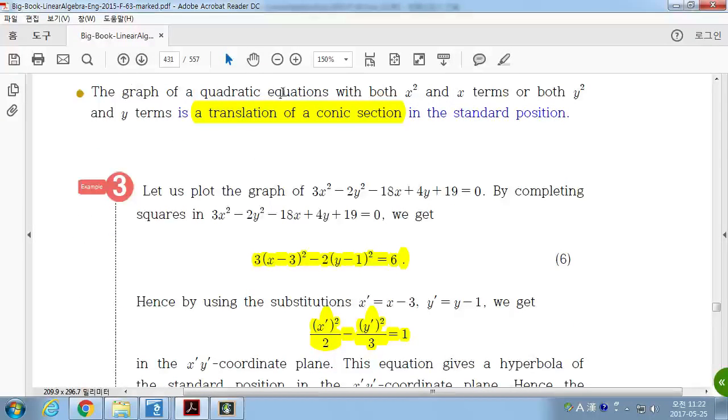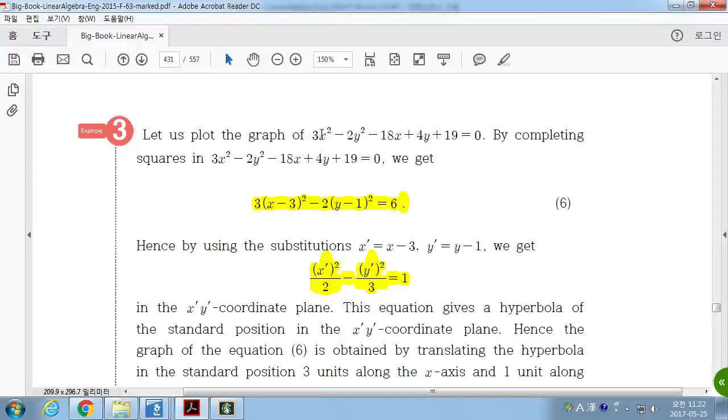The graph of a quadratic equation with both x squared and x terms, or both y squared and y terms, is just the translation of a conic section in the standard position. For example, if you have this, it can be written in this way, simplified. This is completing the square that you already learned in middle school.